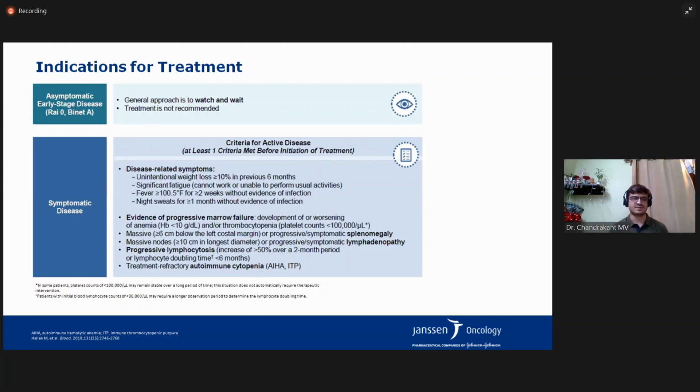And progressive lymphocytosis, an increase of 50% over a 2-month period, or a lymphocyte doubling time of less than 6 months, they become ideal candidates for treatment. And if there is treatment-refractory autoimmune cytopenia, either thrombocytopenia or autoimmune hemolytic anemia, then it becomes important to pick them up and treat. So these are the indications for treating CLL.